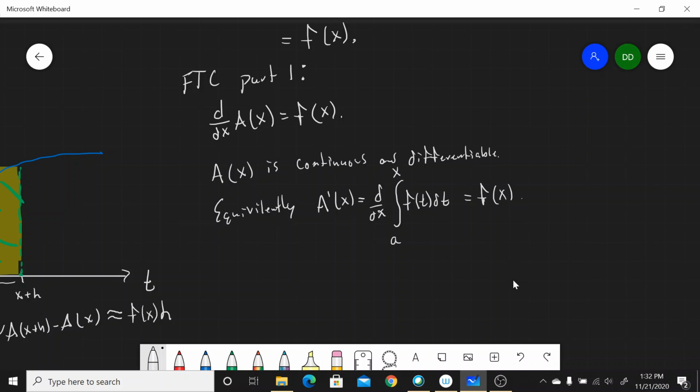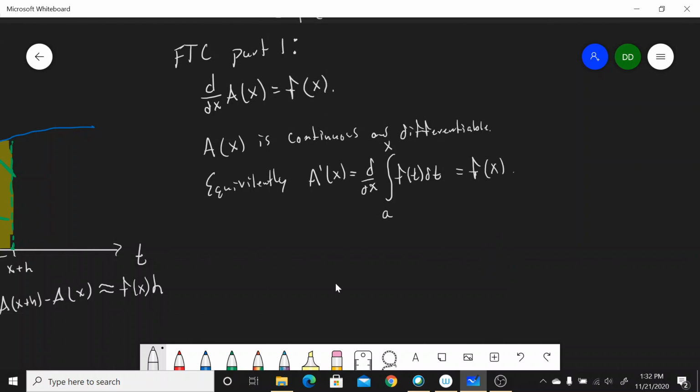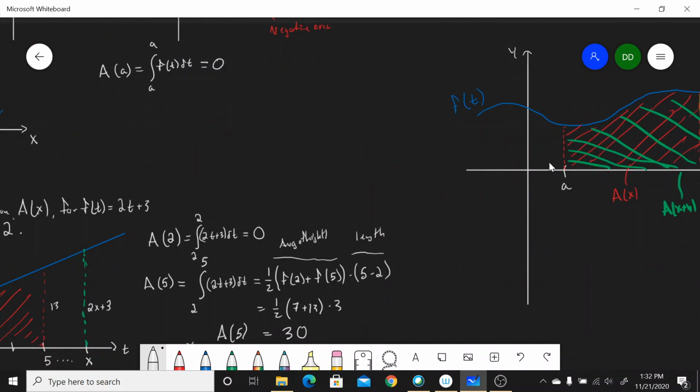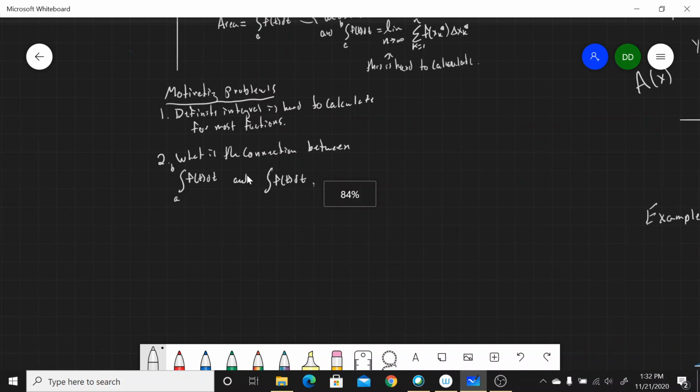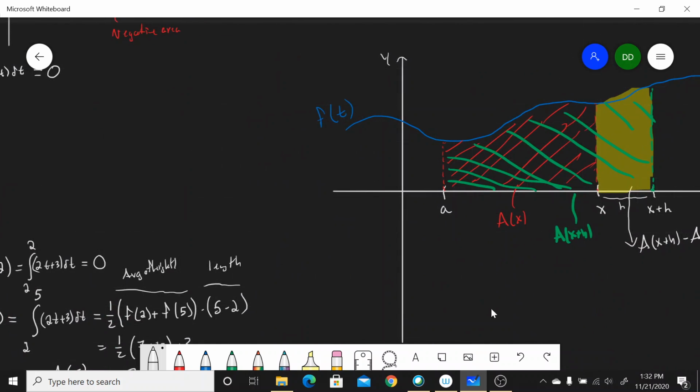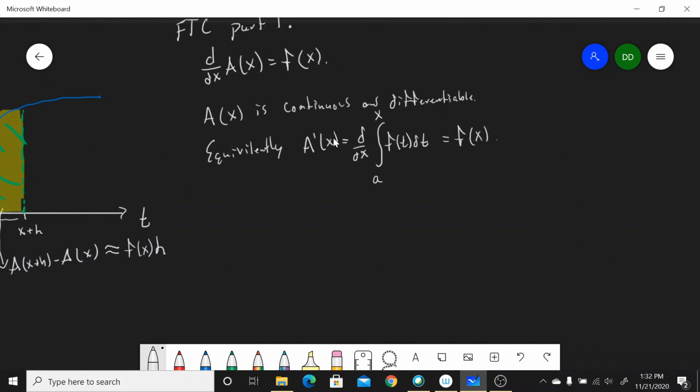The most important part of this is the connection. Again, I want to answer this motivating problem that I introduced in the first part of this video: what is the connection between the definite integral and the antiderivative, or the family of antiderivatives? And so what this is telling me, since the derivative of the area accumulation function is little f of x, is that, in particular, A of x is an antiderivative for f of x.